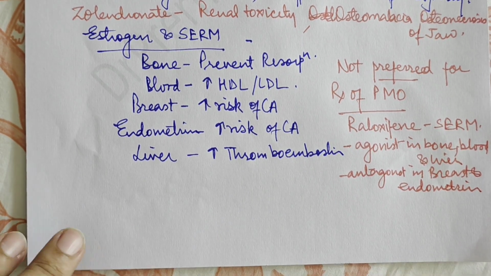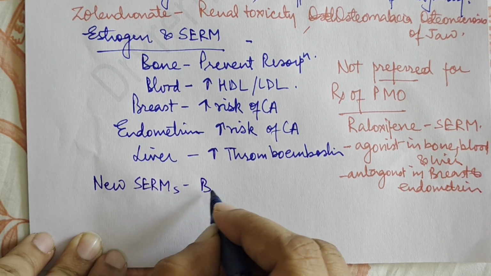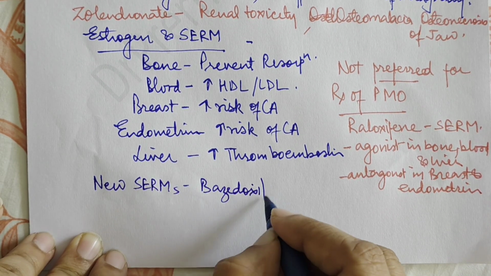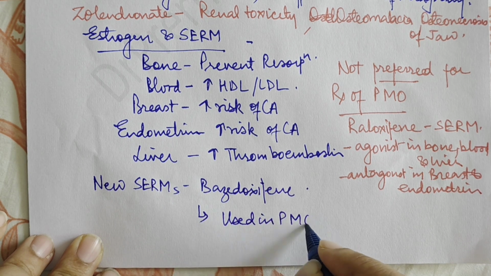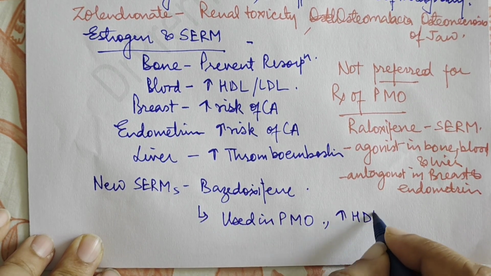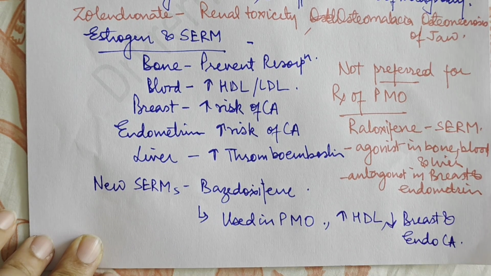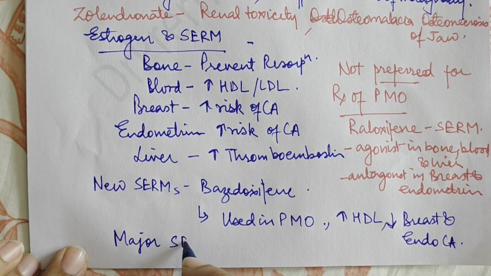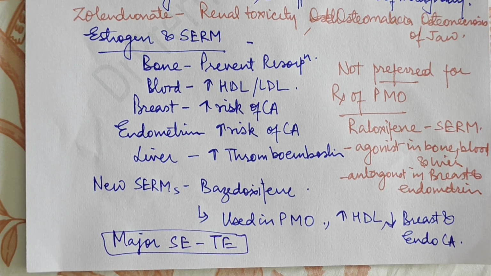Okay, now there are some new SERMs, that is bazedoxifene. This is used in postmenopausal osteoporosis. Additionally, it increases the HDL and it reduces the tendency of breast and endometrial carcinoma. A major side effect is thromboembolism, as we have seen earlier also. So these are the estrogens and SERMs.